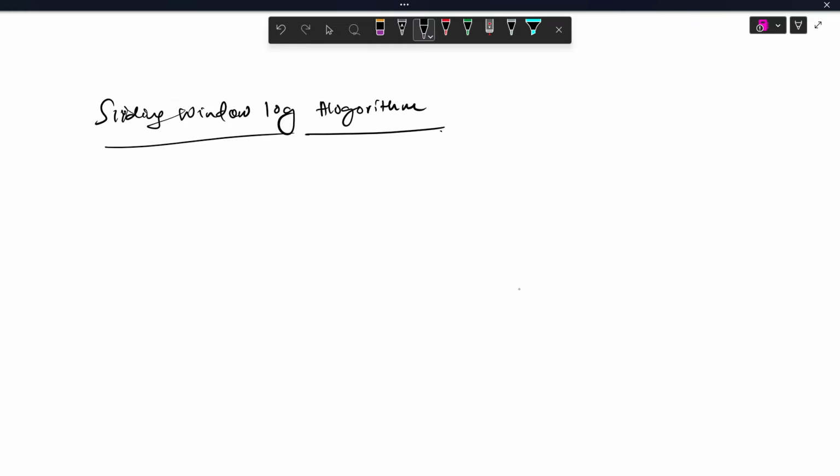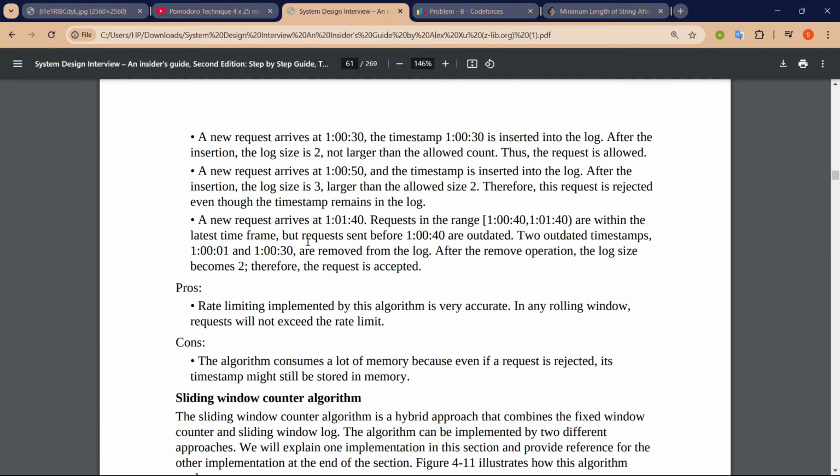Okay, I understand now. Sorry. Sliding window log algorithm.